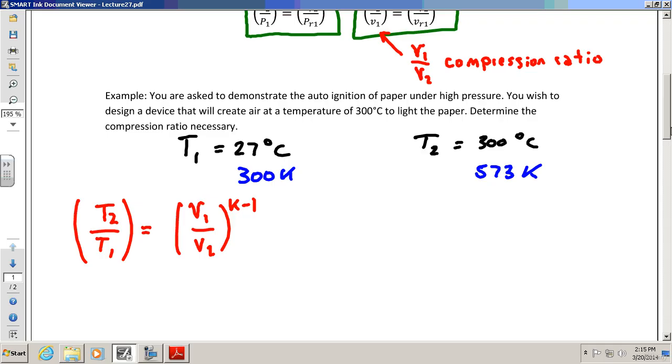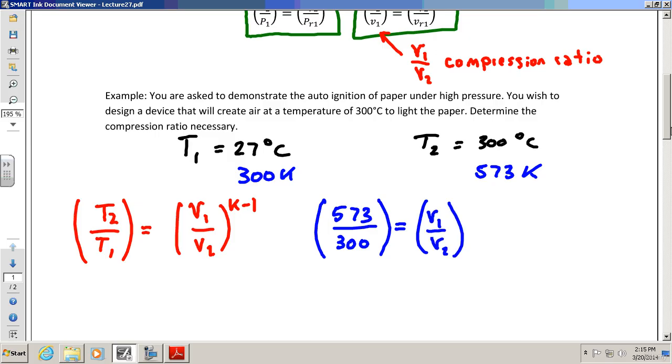If you fill in the numbers, my T2, my desired temperature, is 573 K, and my T1, my initial temperature, is 300 K.